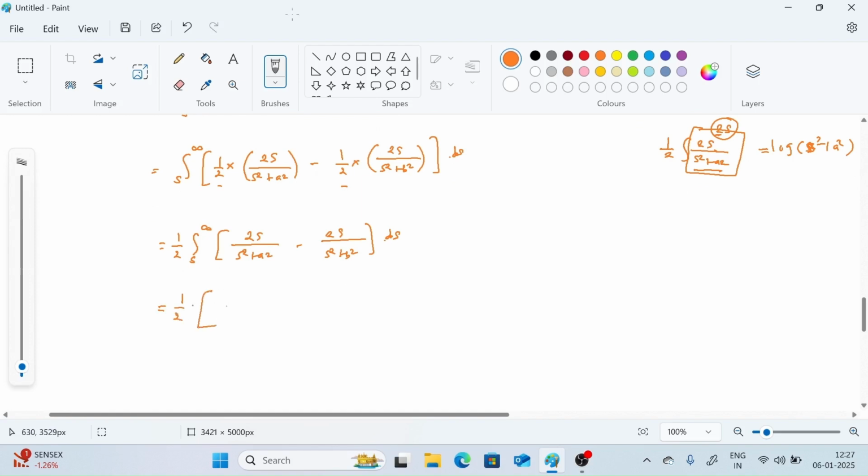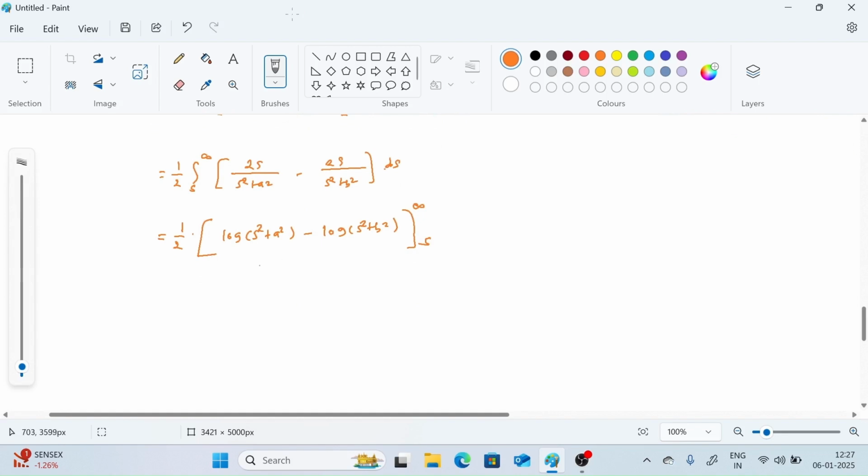So I will write it directly: log of s square plus a square minus log of s square plus b square, with limit s to infinity. Now I'm going to put infinity as the upper limit wherever s is present, and I am going to put the lower limit s wherever s is present.